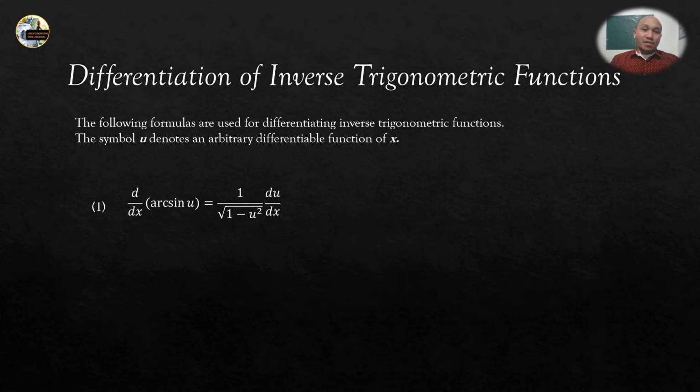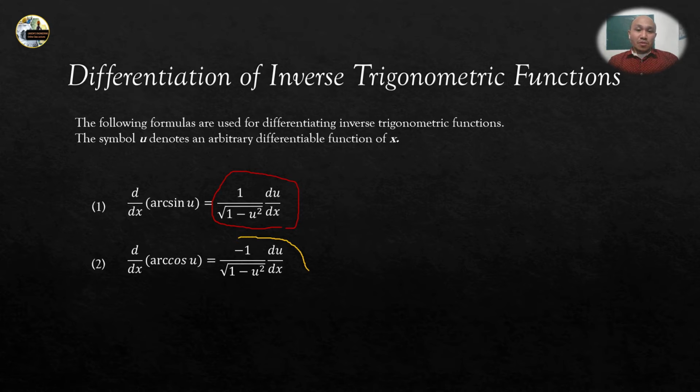Formula number 1, d over dx arc sine u is equal to 1 over square root of 1 minus u squared times du over dx. Formula number 2, d over dx arc cosine u is equal to negative 1 over square root of 1 minus u squared times du over dx.